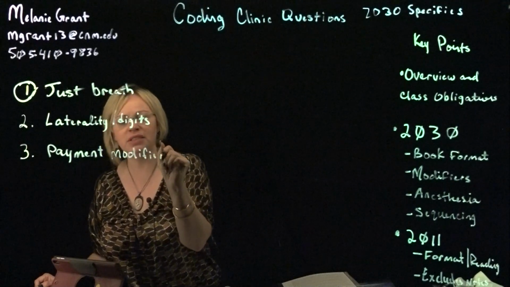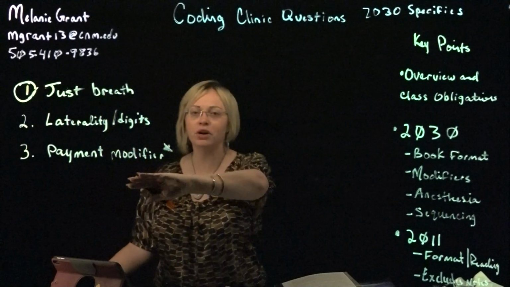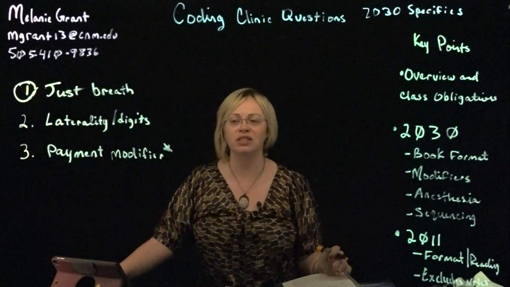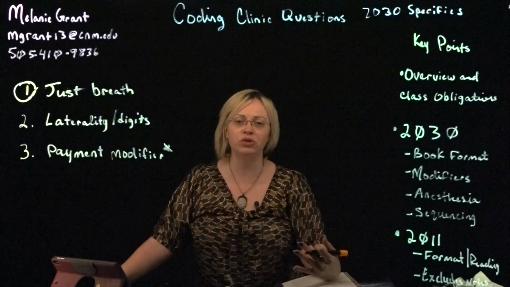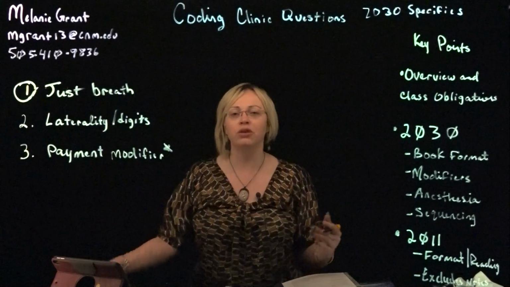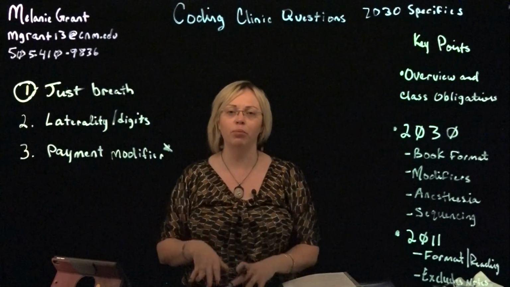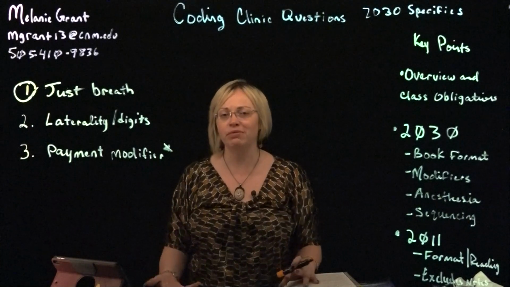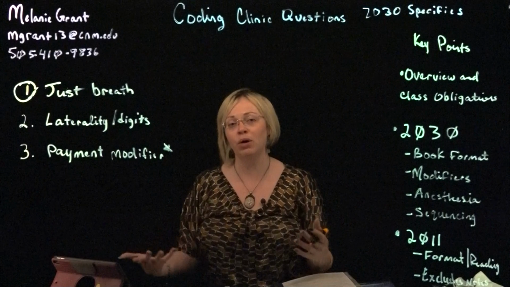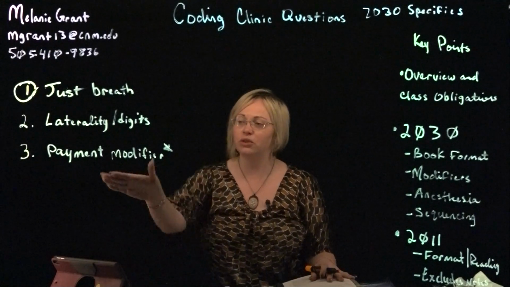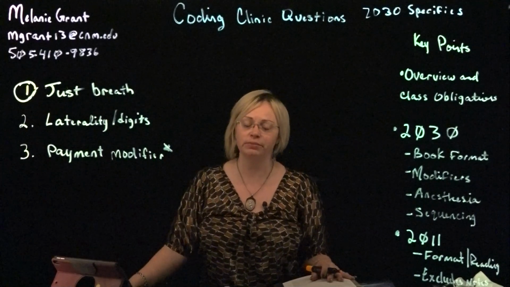And when we talk about sequencing, these should be listed first if there are multiple modifiers that apply. Another example, when we talk about reduced or discontinued services, those are services that are less than a full procedure. And so the payment for those, when we have that modifier, is less than what we would usually get paid. And so those are called payment modifiers.